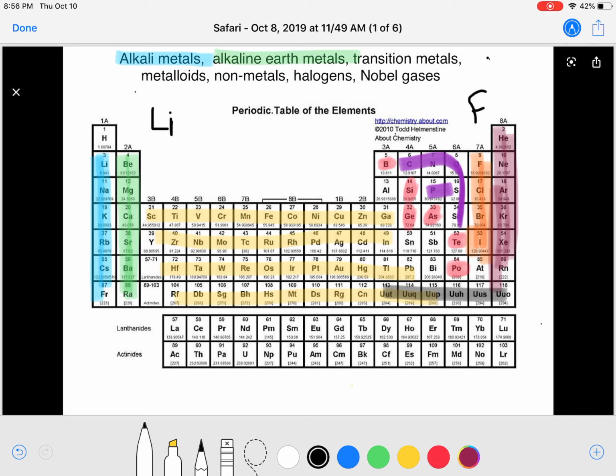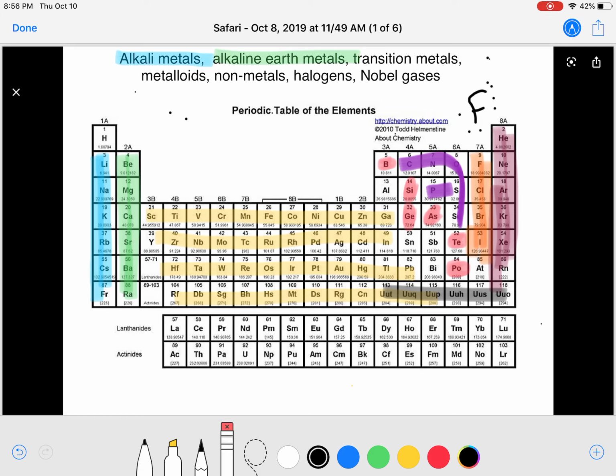So fluorine, with its 7 different valence electrons, and lithium only with its 1. Lithium would not be very likely to gain an electron because it's trying to get rid of an electron. Fluorine is extremely likely to gain an electron. So fluorine would have a high electron affinity. Lithium would have a low electron affinity.